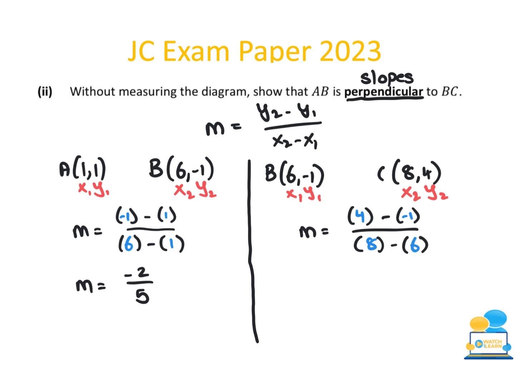Simplifying that fraction, on top I have 4 minus minus 1, which becomes 4 plus 1, which is 5. And on the bottom line, 8 minus 6 becomes 2. Now I can see that they are the negative reciprocals of each other. My first slope was minus 2 over 5. My second slope was 5 over 2. So that indicates that the line AB is indeed perpendicular to BC.